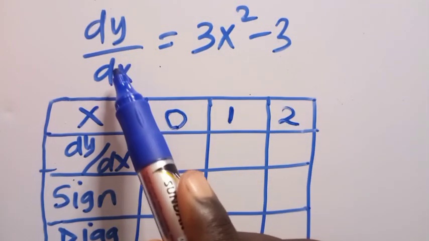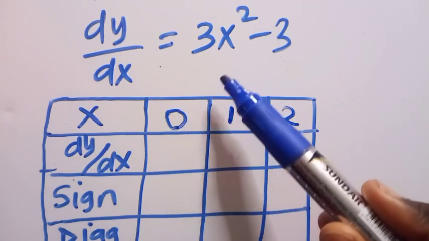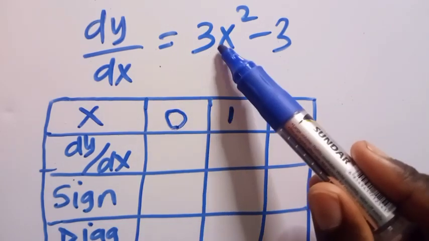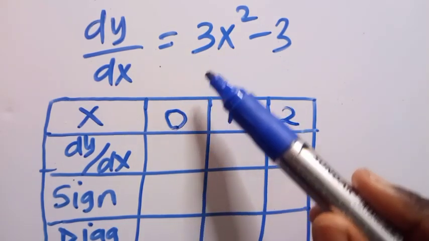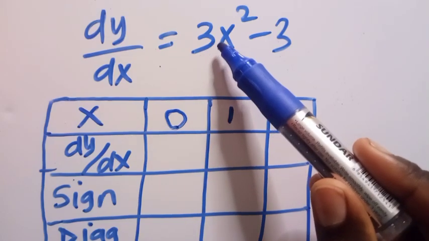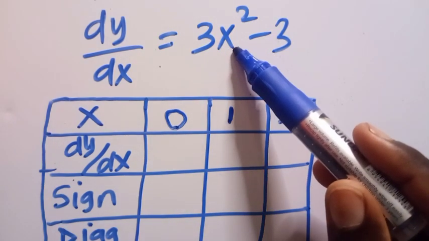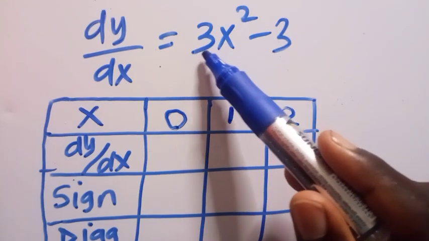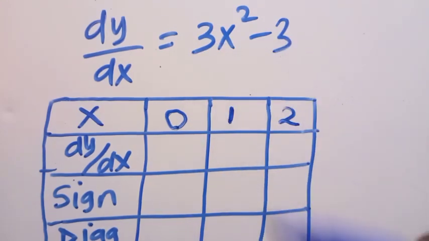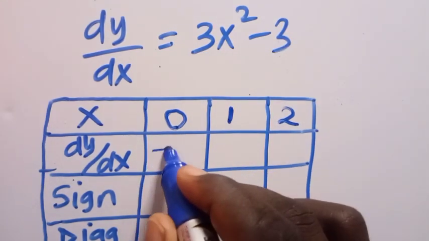Therefore, our dy over dx will be, instead of x, we shall have 0. So it will be 3 times 0 squared, which takes this one to 0, and therefore we have negative 3.